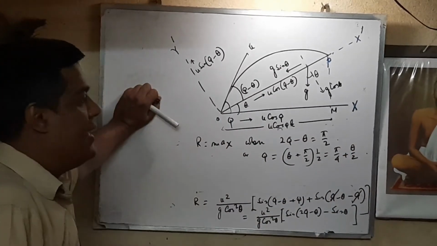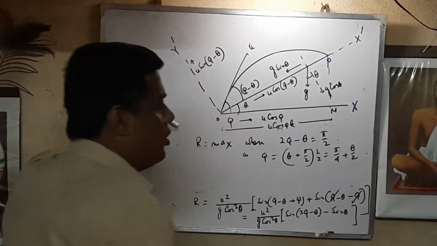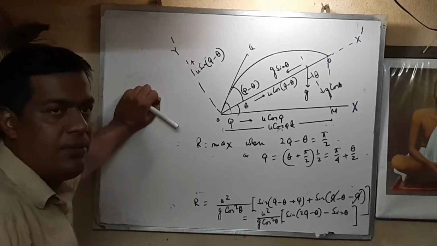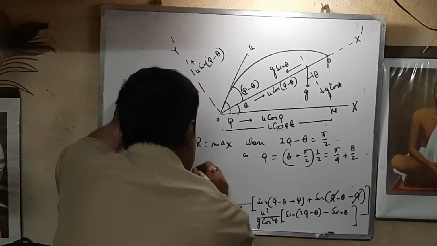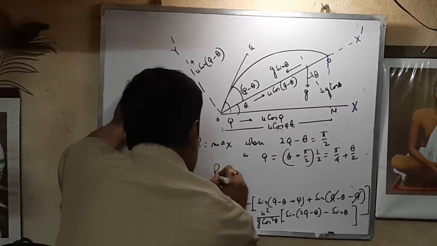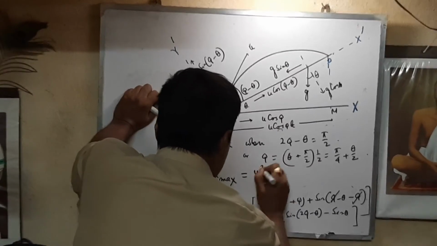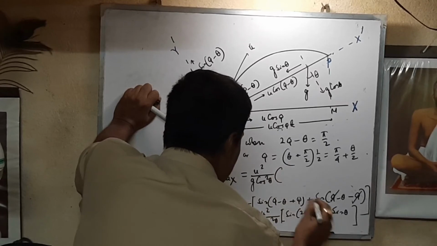That is, if the angle of projection phi obeys this value, then the range of the projected body over the inclined plane will be maximum. So what is our maximum range? U square by g cos square theta times 1.